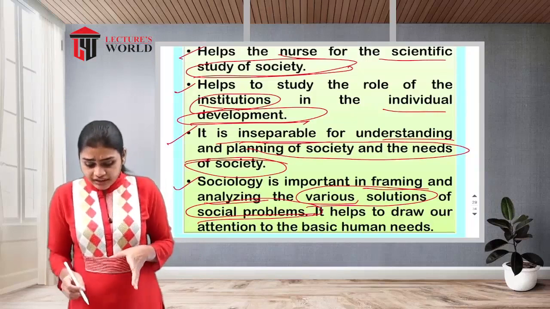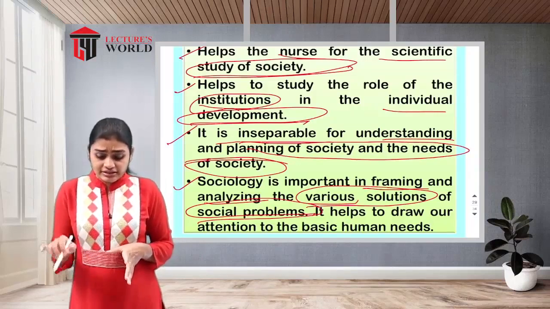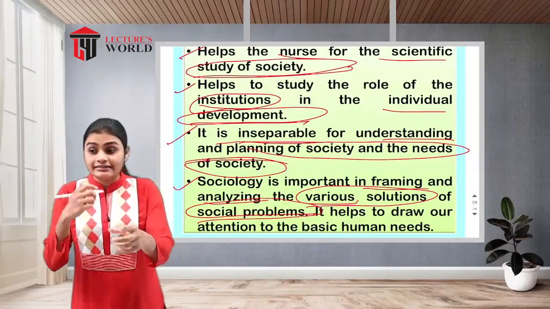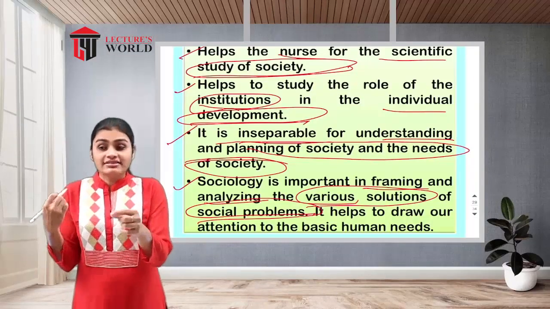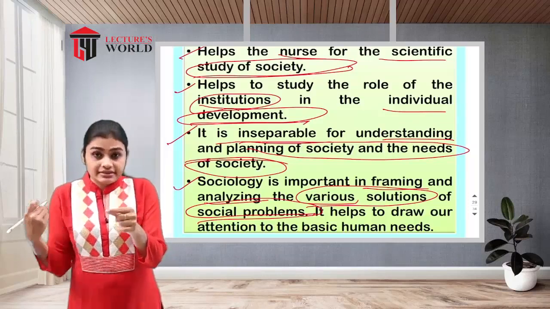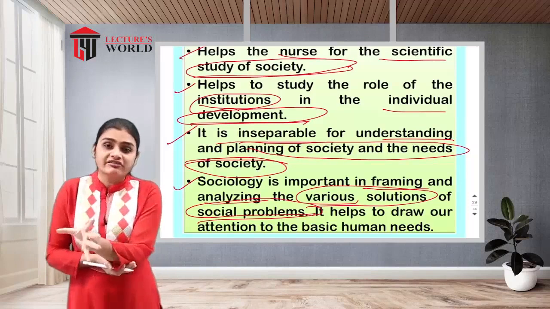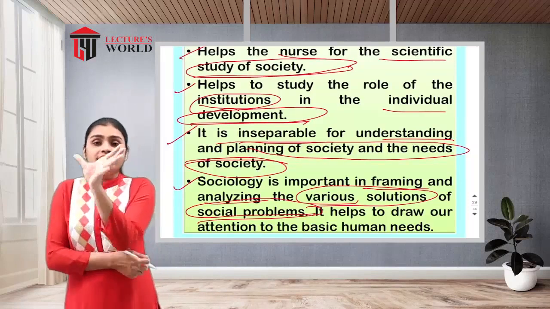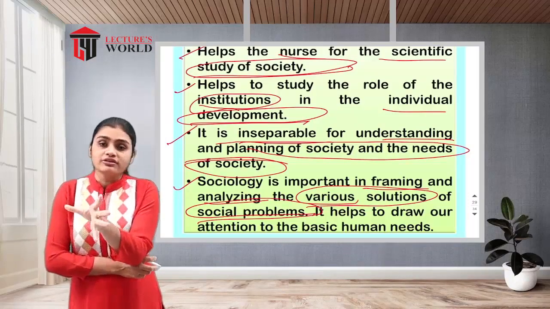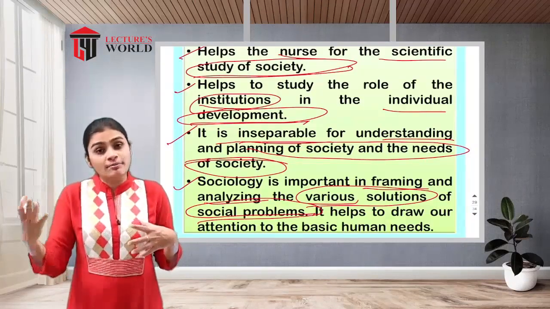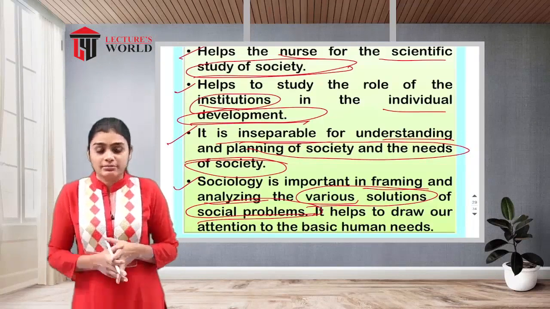Sociology helps us analyze what type of problems are there in a specific area. For example, with racism, we can identify from human behavior in that particular society that this area has this problem, and we can plan and organize an awareness program about racism and discrimination.